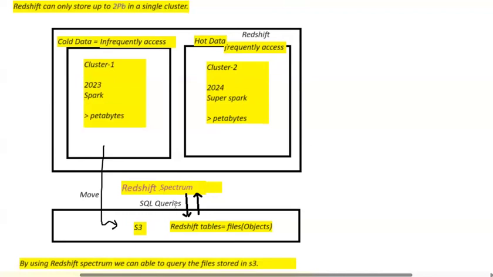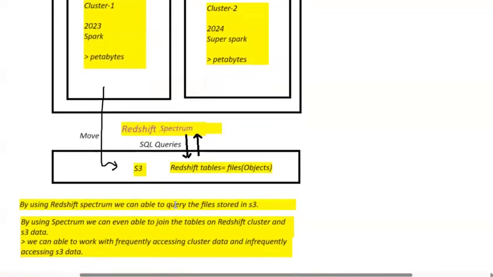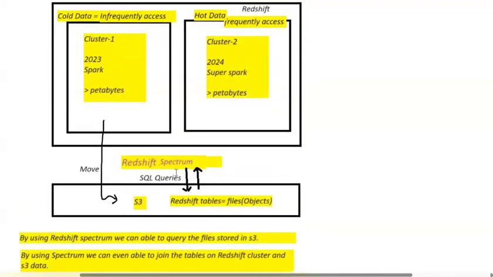Okay, so now let us see what happens in Redshift Spectrum. In order to query the data by using SQL queries with Redshift Spectrum, we are scanning the data which is present under S3 files, that is, Redshift tables.